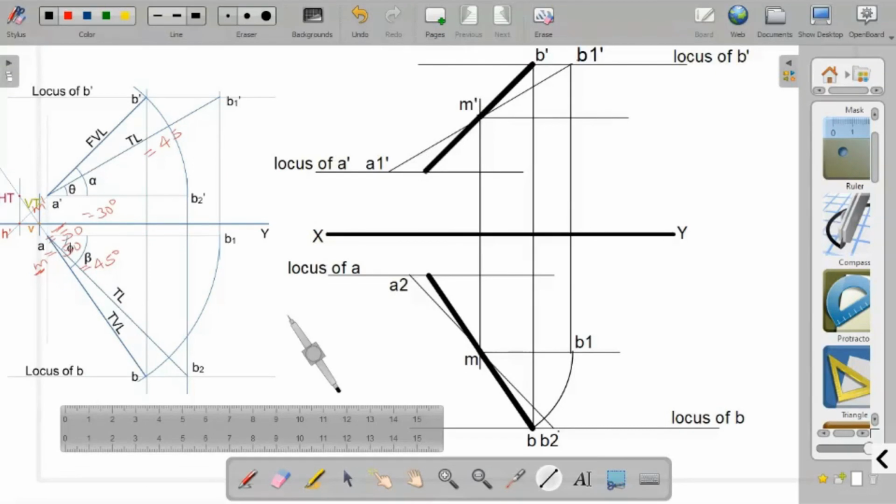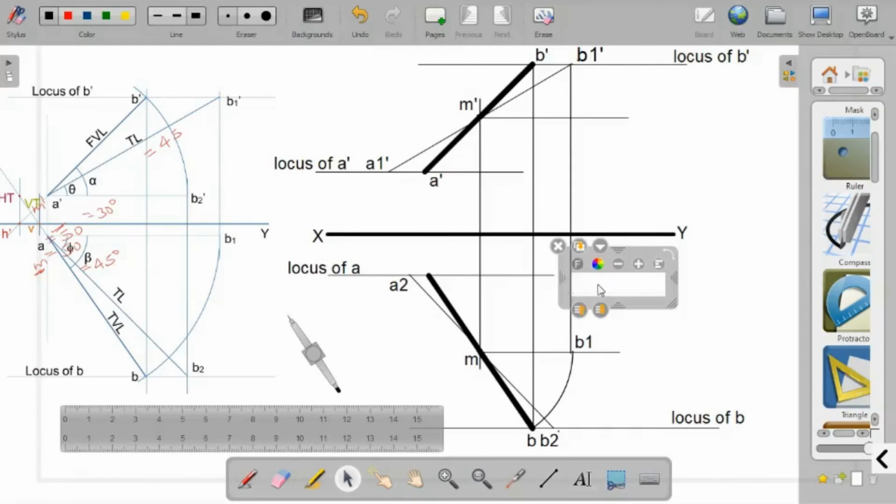Now this is the point A dash. And here is point A.